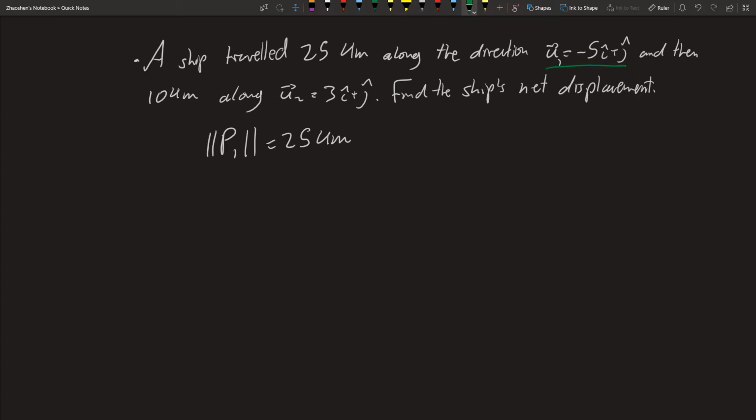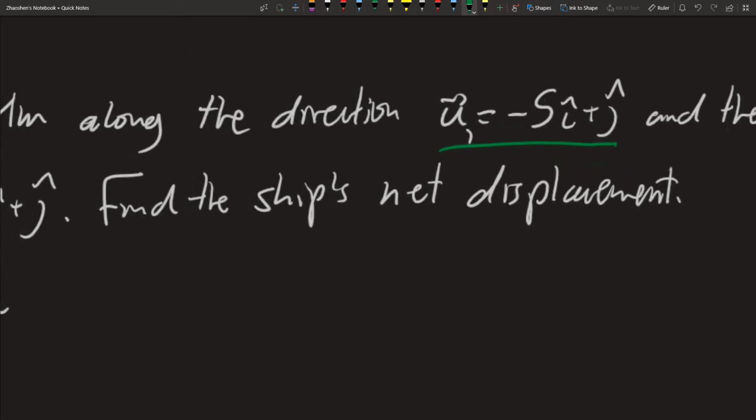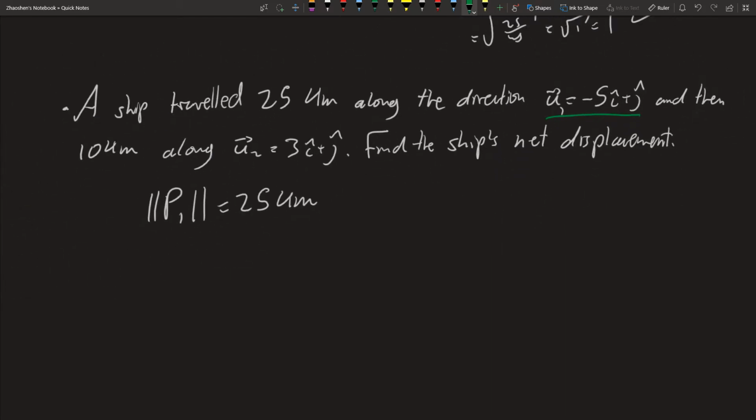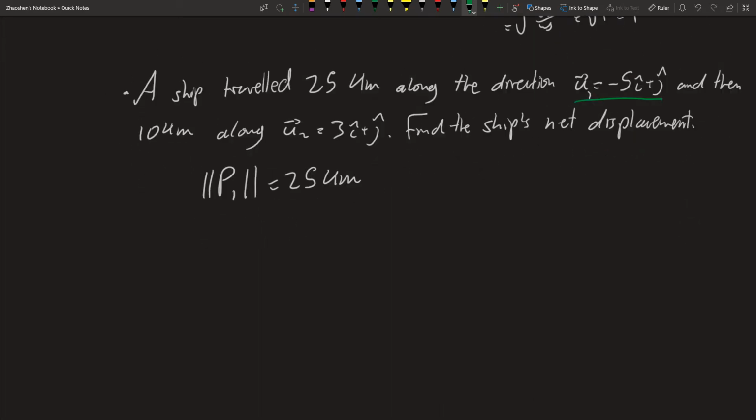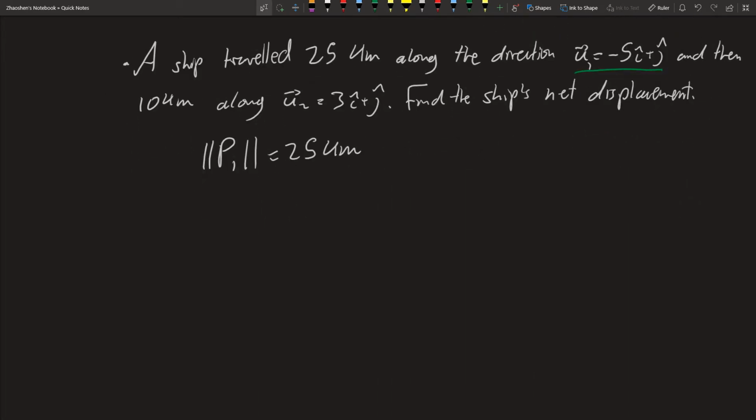Now, directions we usually associate with unit vectors. Is that vector a unit vector? It's labeled as u, but there's no hat on it, so it's not a unit vector. So we need to find the unit vector in the direction of u1.